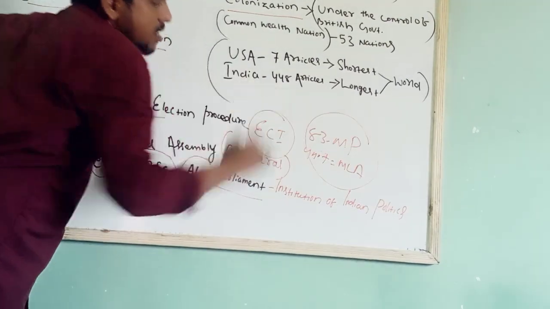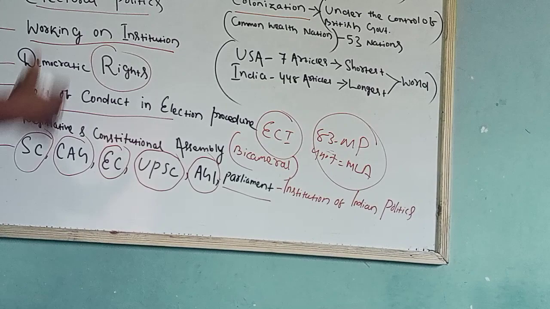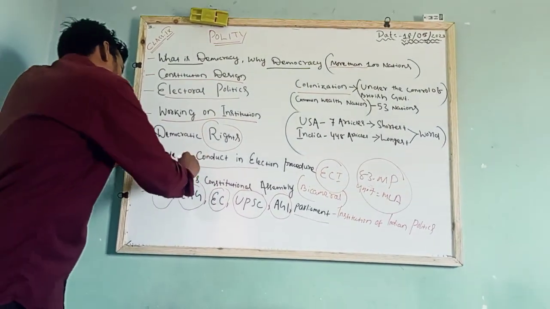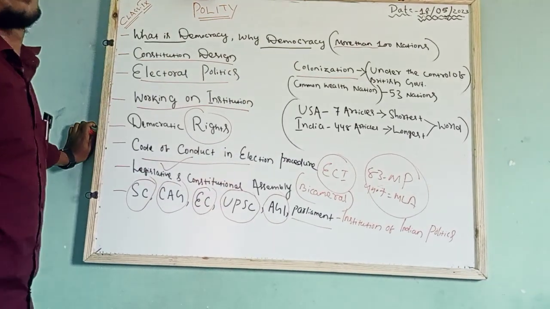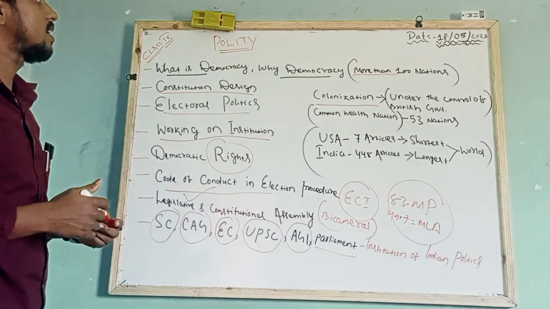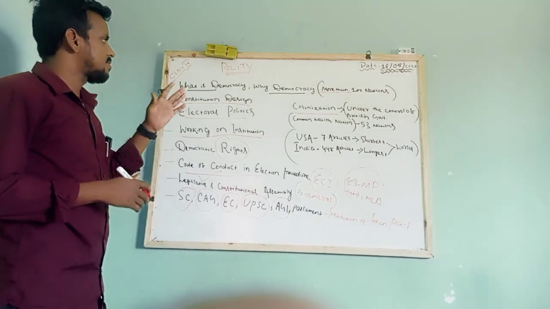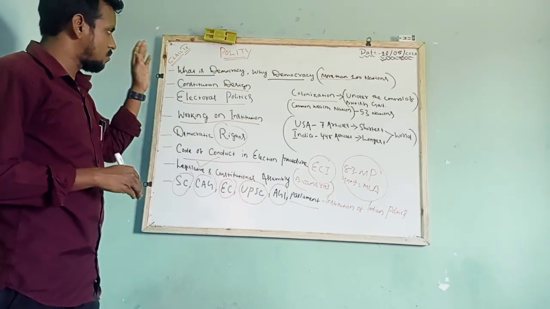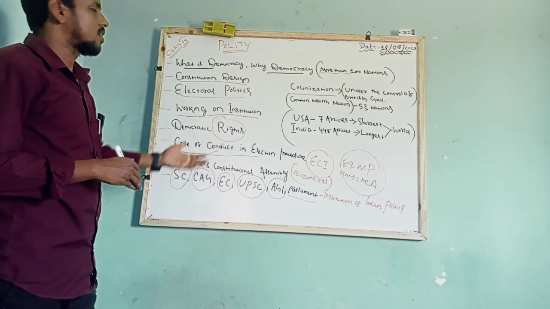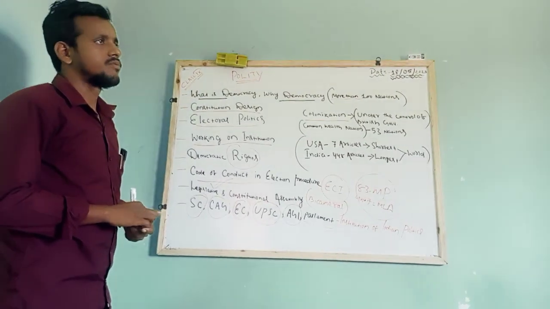So it is the biggest, with the highest number of legislative assembly seats in UP. So here are some points highlighting the best features and the best model of democracy that we depict.